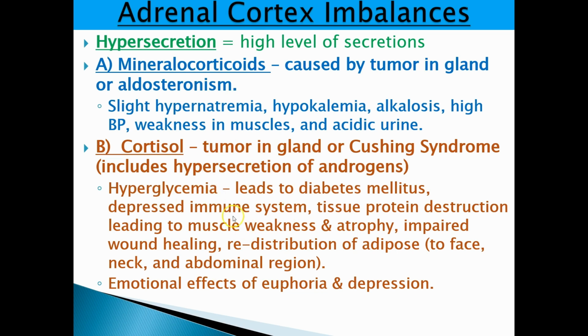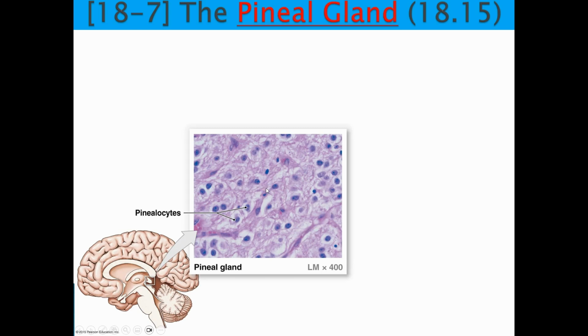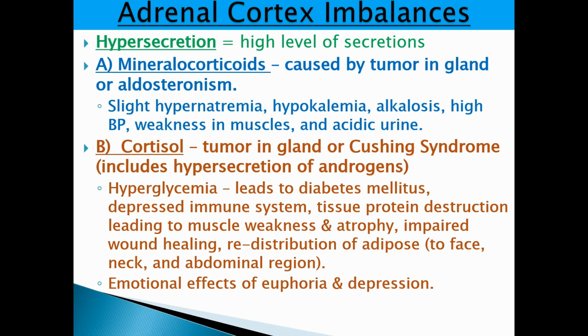And this is a perfect example of how important it is not only to keep stress in balance, but having something like Cushing's syndrome, how impactful it is to the body. So really know these. I like testing on imbalances. It shows me that you really know the organ really well, and you know the effects of the hormones, because you're able to think in both directions, from hyposecretion and how that would impact the body to hypersecretion, and what the actual mid ground is supposed to be.